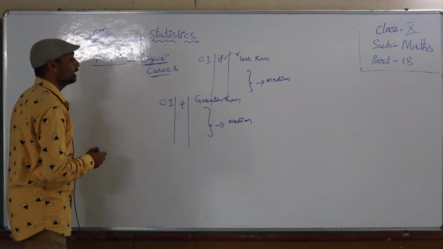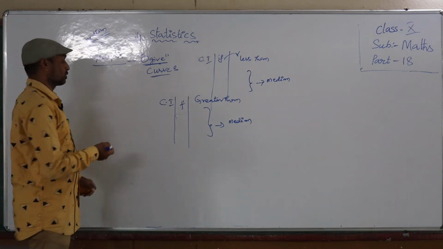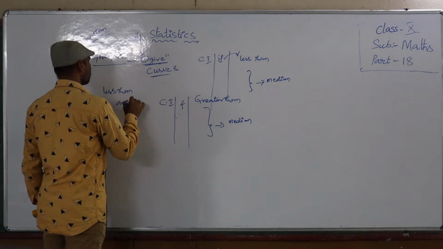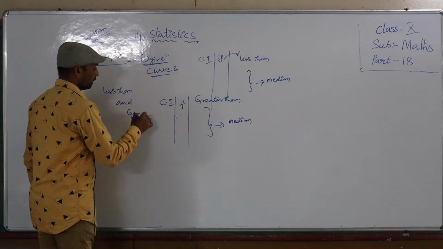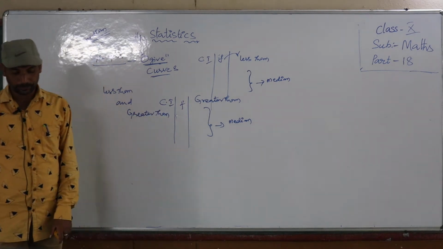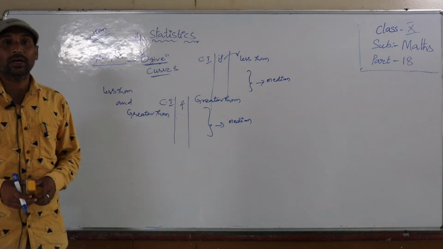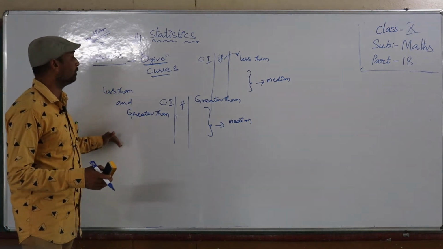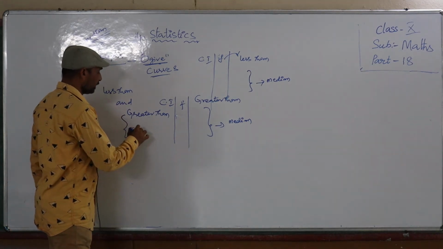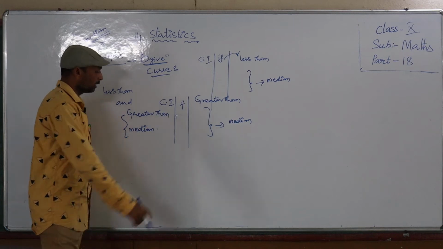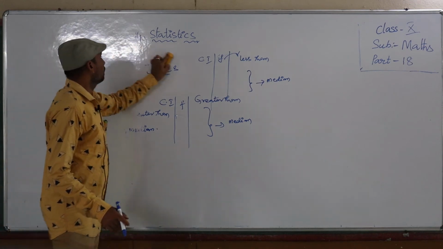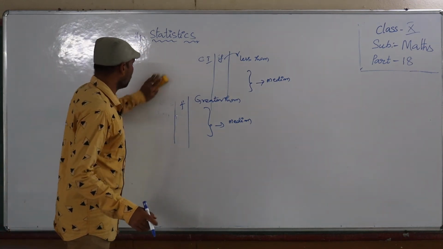The third one uses both less than and greater than cumulative frequency at a time, and here also we can find the median. Let us discuss the first graph, and how they will ask.